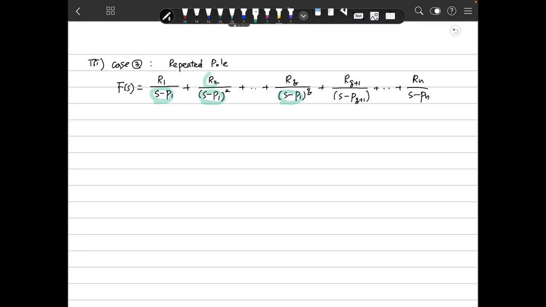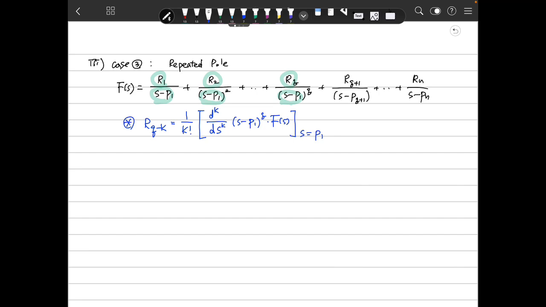Then how to get these R? That's the question. To get that, the formula is R_(Q minus K) equals 1 over K factorial, times d^K over ds^K of (s minus P1)^Q F(s), with s equal to P1.